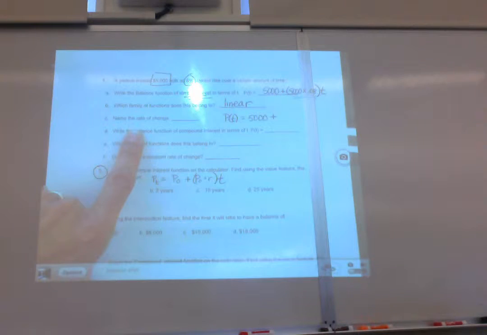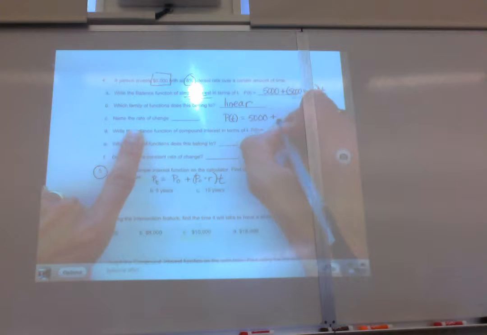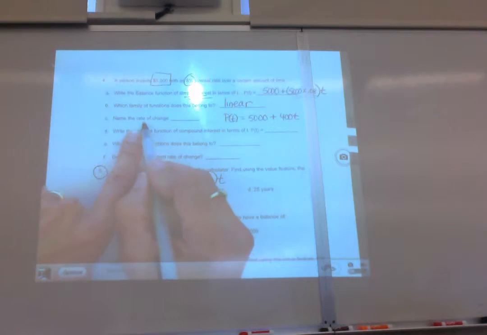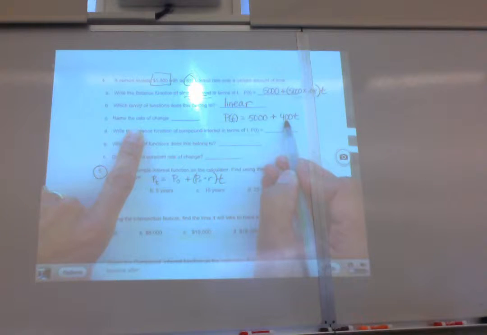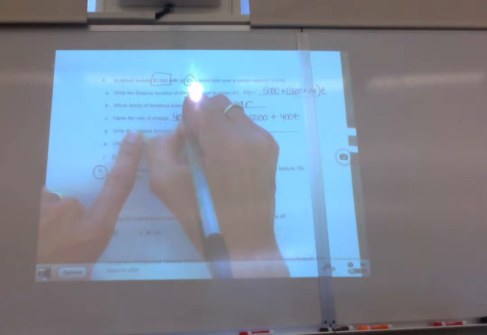Jerry, what do you get? 400 T. Okay, so the rate of change is in front of the T. It's just like slope. Over the years, you're gaining $400 in interest, so the rate of change is 400.